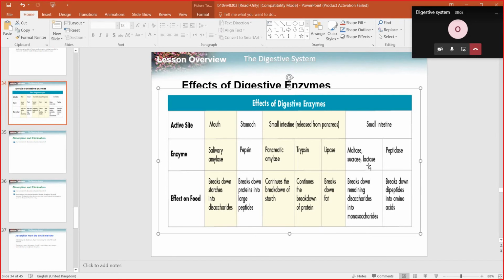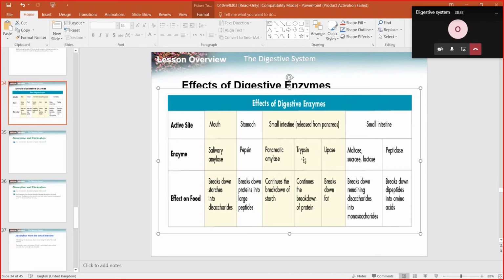These are enzymes that may be specific for some types of sugar, that they can break down into monosaccharides. Okay, and then we have peptidase. These break down the dipeptides, or the simple units of the protein, into amino acids.